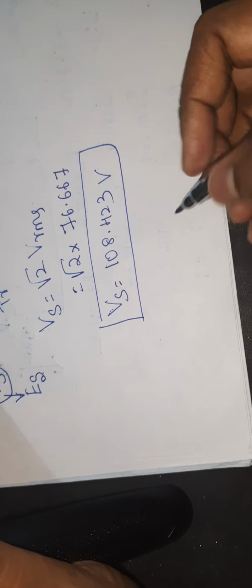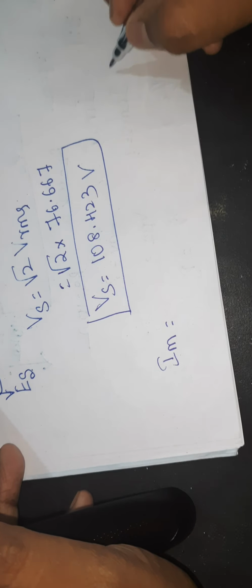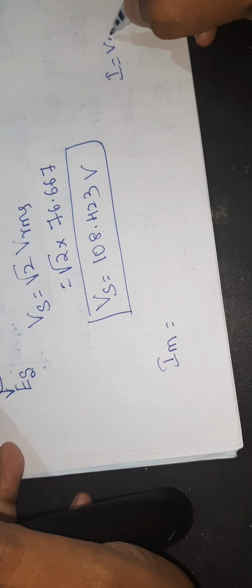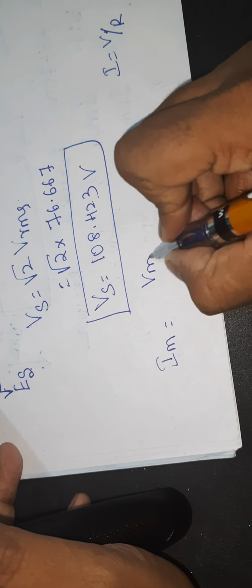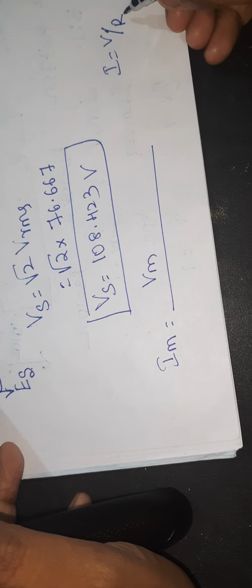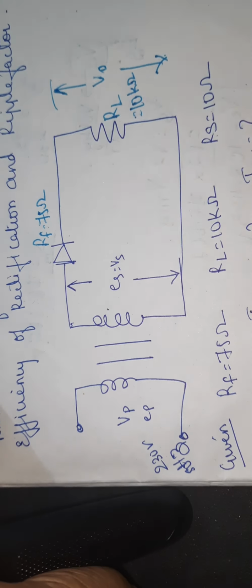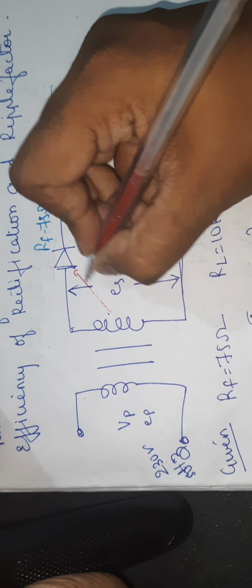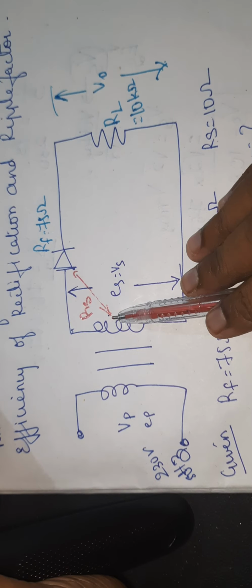Now I have to find out Im, that is maximum current. From where did I get the formula? I is equal to V by R. That same formula I am using here. If I want to find out Im, V should be Vm. Then what are the resistances present in the circuit? All the resistances you have to consider. From this point to this point, Rs is there, because that is the resistance of the transformer.